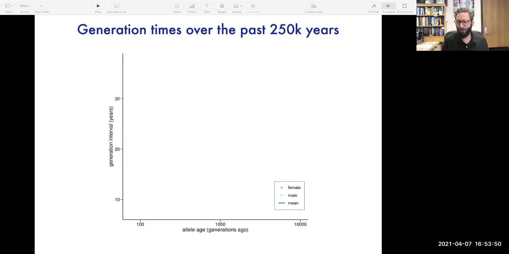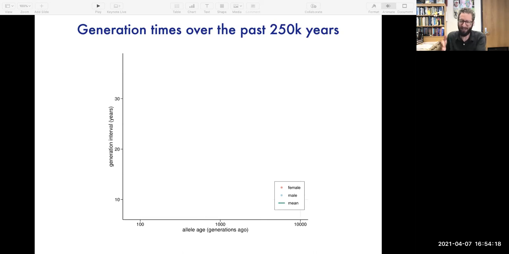Okay, so I'm going to plot the data on here. Average allele age: we're going to go back 10,000 generations. That's the bulk of the data. The data gets pretty sparse after 10,000 generations ago. And then we've got the generation interval, which is essentially the average age at which males or females were having kids in that slice of time. For these 10,000 generations, we broke them up into bins of 100 generations.